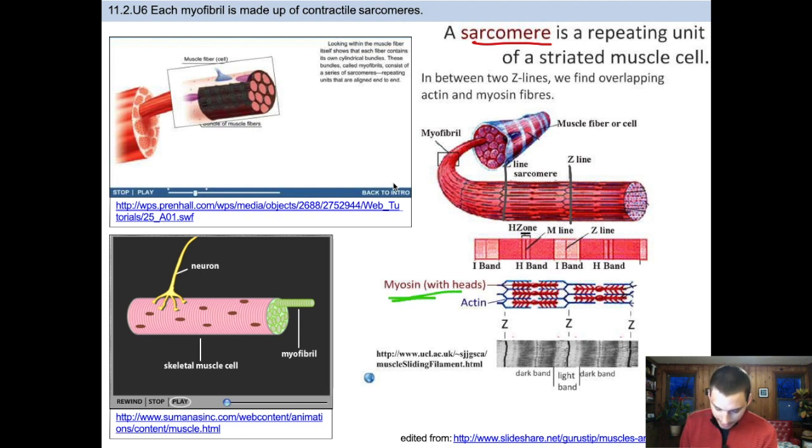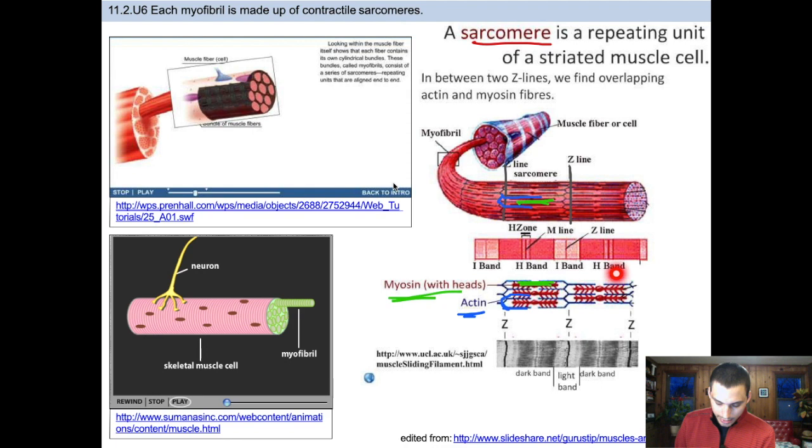So I can see myosin in my diagram here, and I can see myosin in my diagram here. And then the other one is actin, and actin is these thinner filaments. So I have actin here in my diagram, and I have actin here in my diagram, and it kind of goes around the myosin.